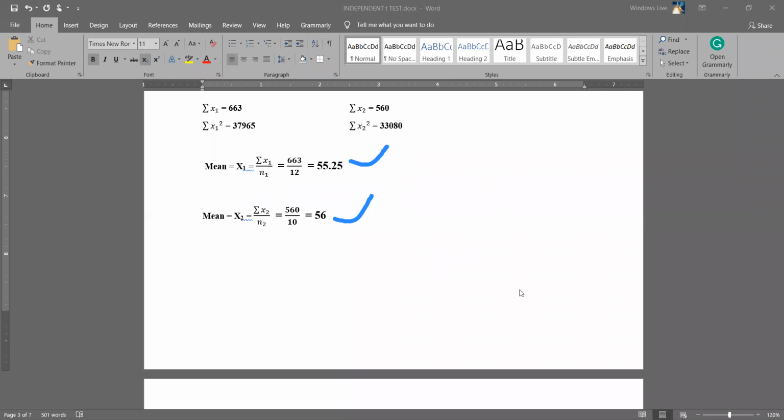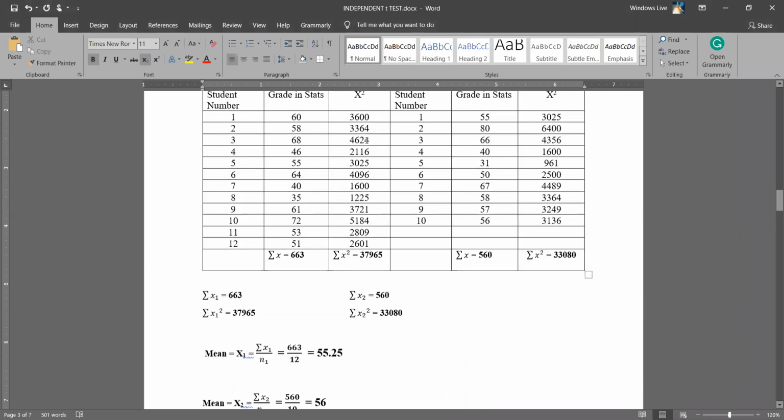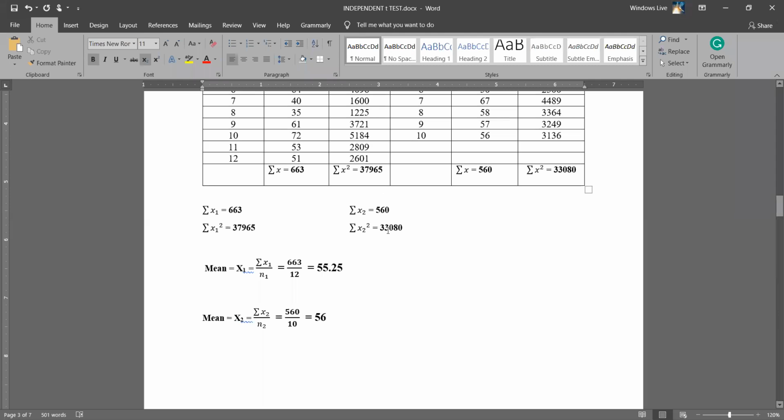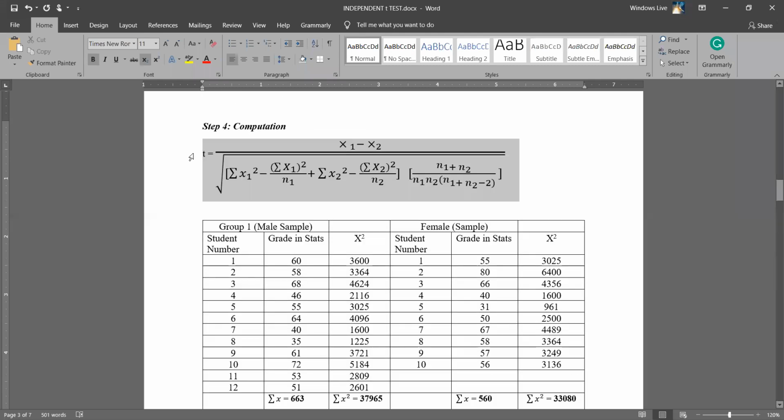So the numerator will be 55.25 minus 56. And under the computation, we know sigma x squared to be 33,080. Let me copy this one and bring it beneath so that we can trace it well.